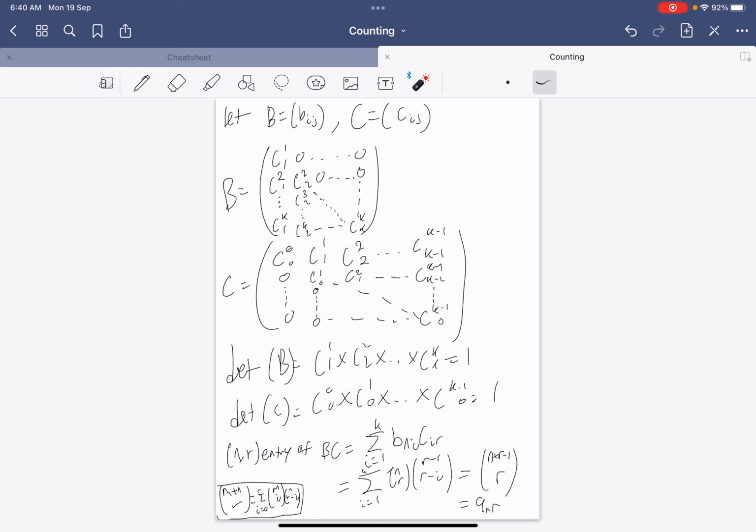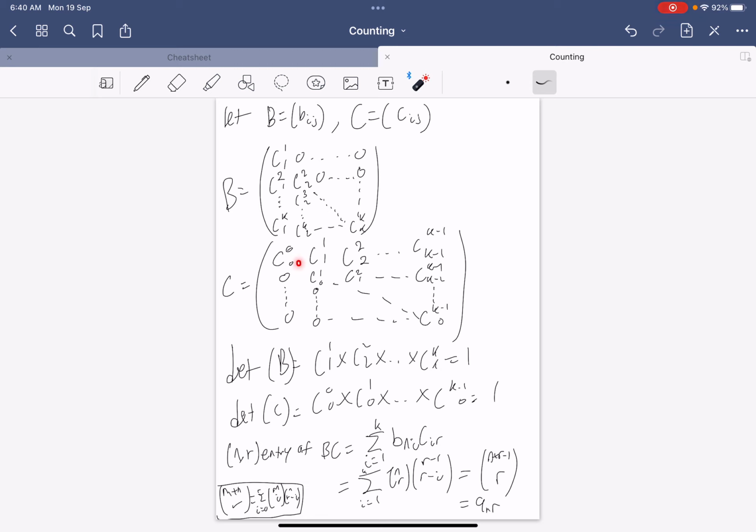So the first column is 1 choose 1, the second one is 2 choose 1, and you go down the rows, and you can see this is how the expression will be. For matrix C, you flip it around, and change it a bit. In our diagonal, everything is choose 0. So it's 0 choose 0, 1 choose 0, all the way to k minus 1 choose 0. And you fill up the rest accordingly.